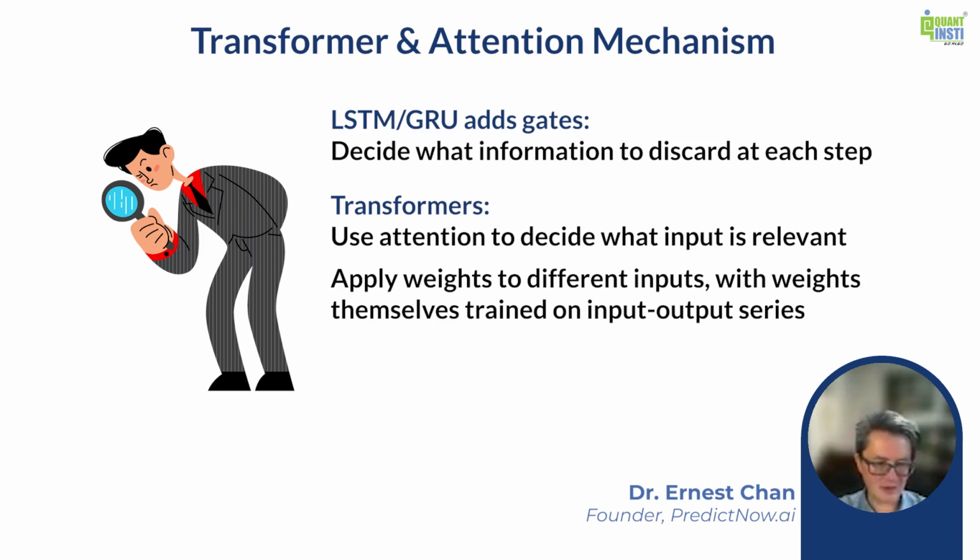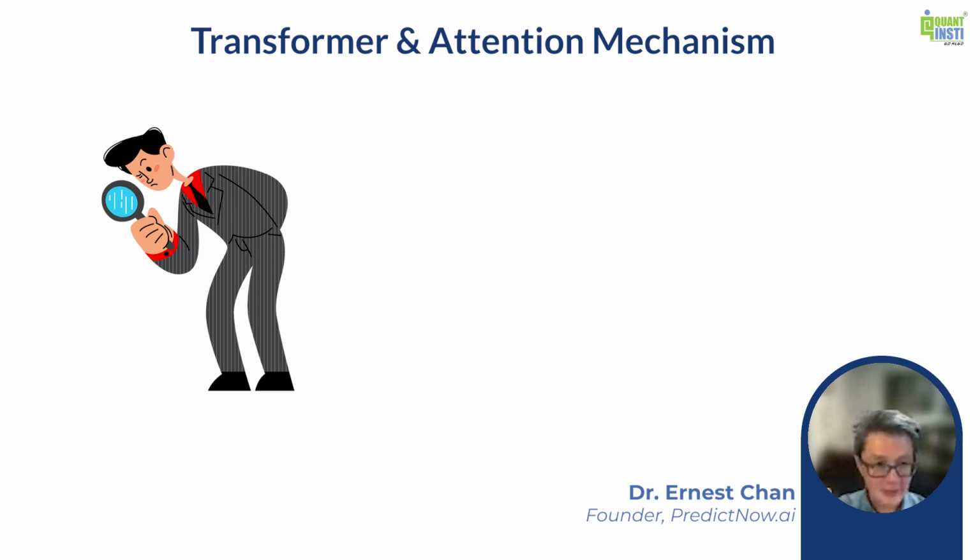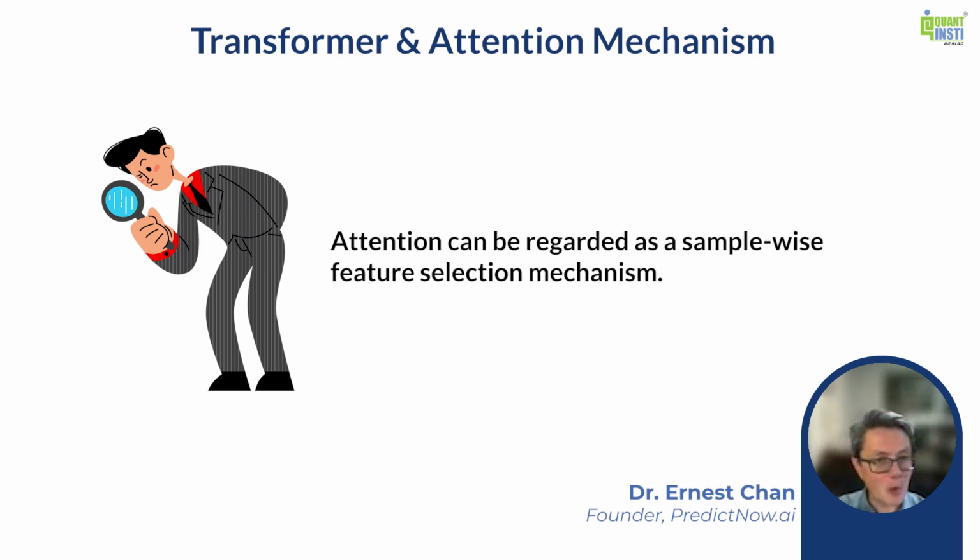using supervised learning. So the way I like to think about attention is that it is a feature selection mechanism, right? Maybe a lot of you are familiar with tree-based models, decision trees, regression trees. But attention is such a mechanism. It does apply feature selection to neural networks, but more importantly, better than those feature selection algorithms that were discussed for the tree-based models, this is a sample-wise feature selection.